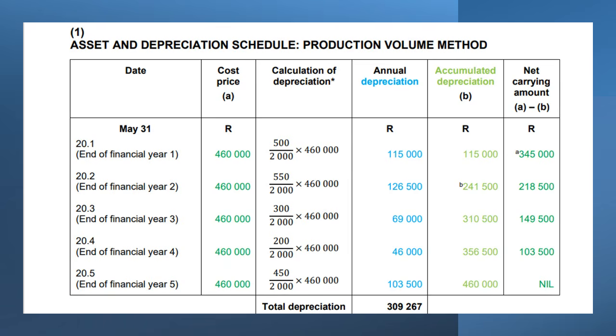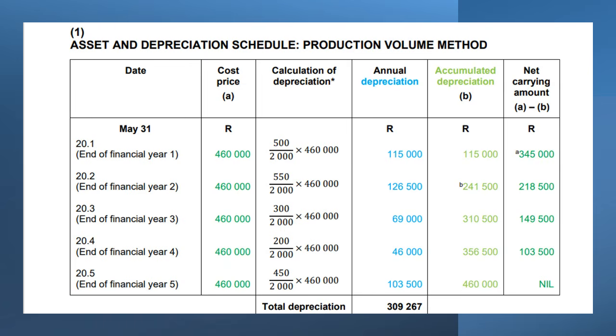So here, calculation then of depreciation using the production volume method. For year one, you were told that there were 500 units that were actually produced. You divide the actual production over the expected units to be produced for the whole useful life of the machinery. You were told that there were 2,000.